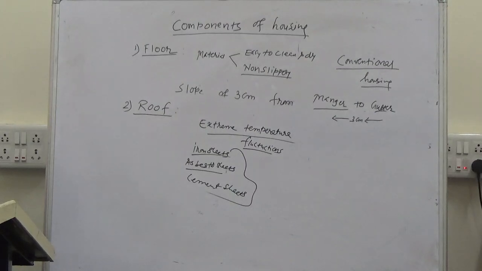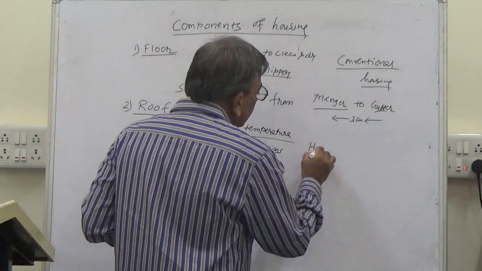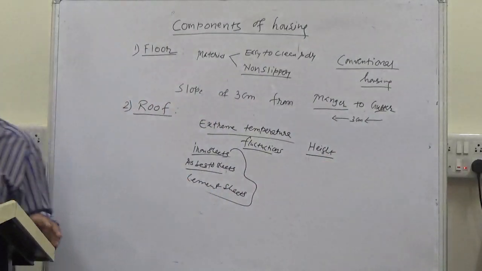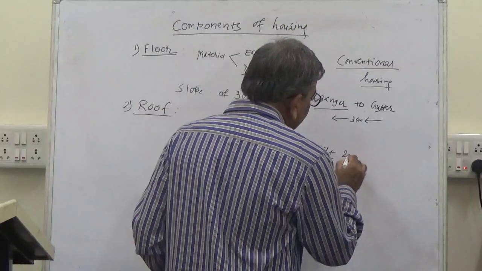Then the height of the roof should be 2.4 meters at side.